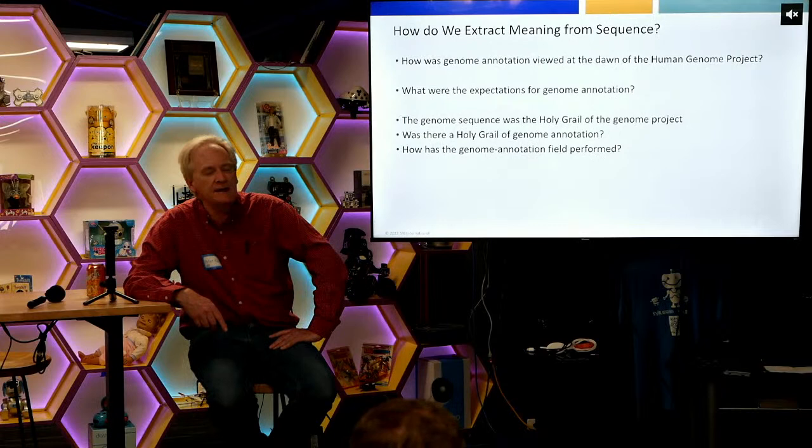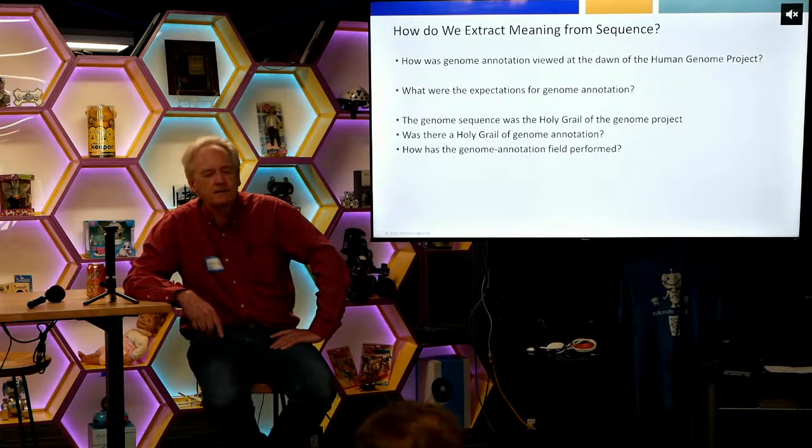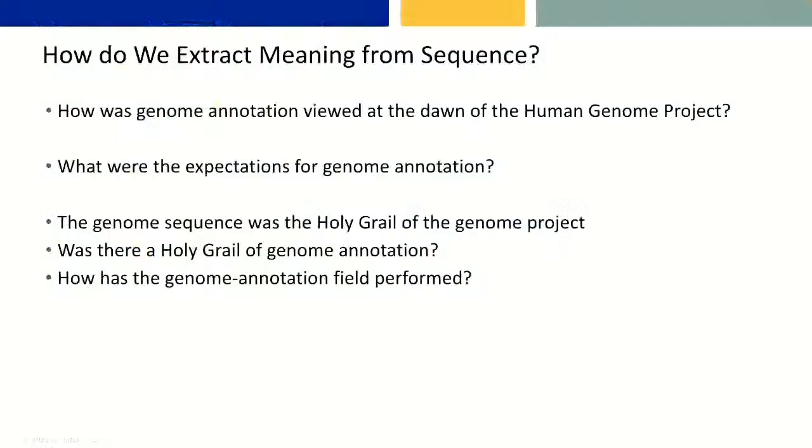Yeah, and one thing I'll note is that although the Human Genome Project itself had a very clear holy grail, namely obtaining the human genome sequence, I don't think there were ever any really clear goals set up for the annotation part of it.